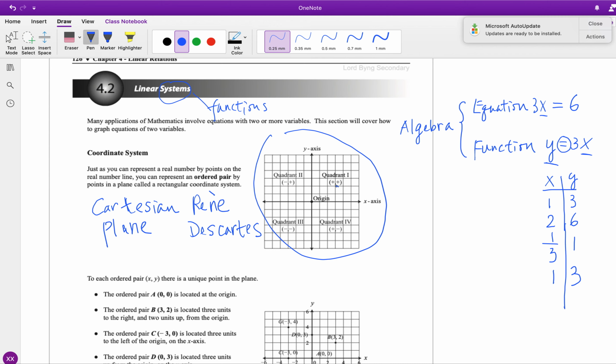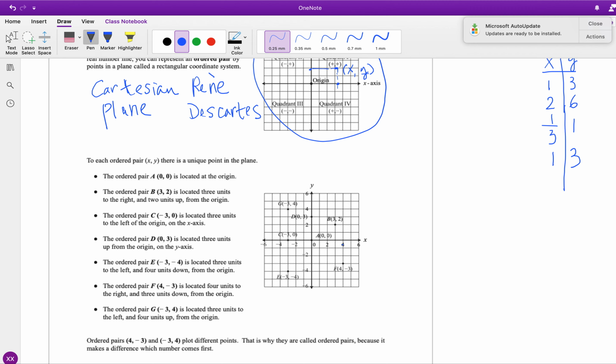Every single point on this plane will have a coordinate called an ordered pair. So it will have an x value and a y value. What does this mean? You go down to the x-axis, there's a value, which is here, and you go to your y-axis, and that's another value here, and this is a y value.